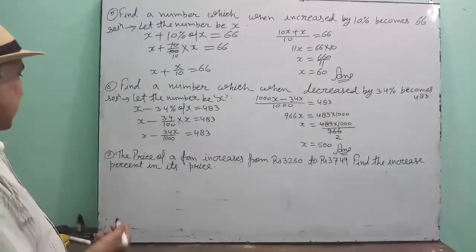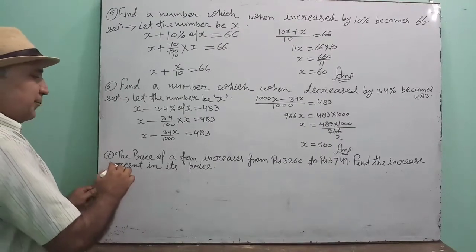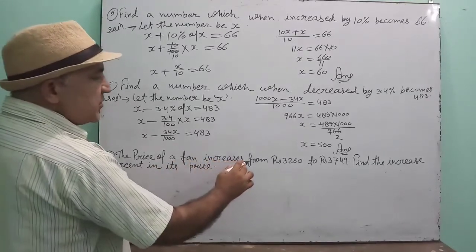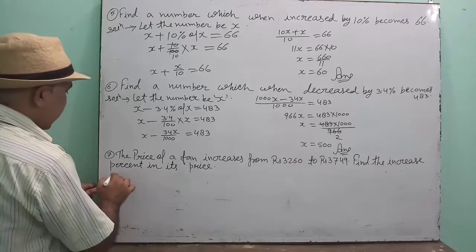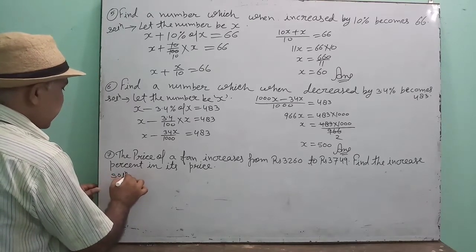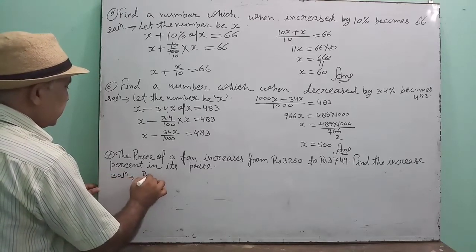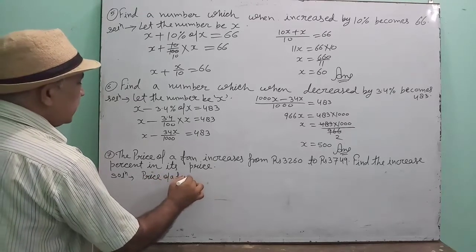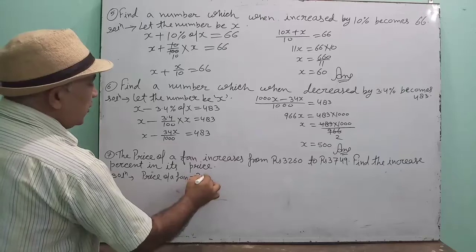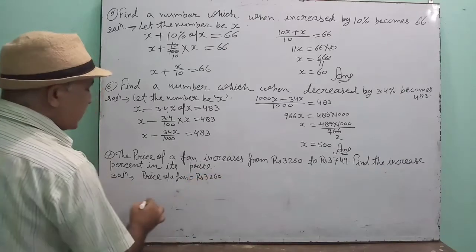Okay. Now see the 7th question. The price of a fan increases from 3260 to 3749. See what the question is saying. The question is saying that the price of a fan is rupees 3260.